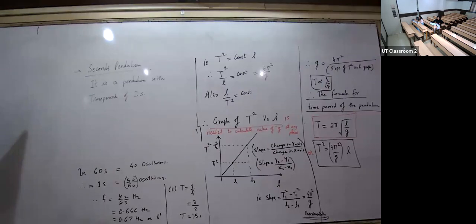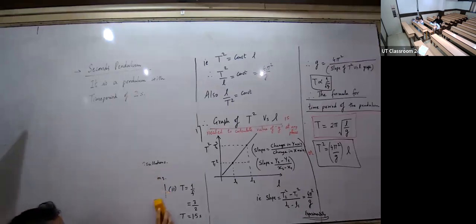How is the time period of the pendulum affected, if at all? Give reason. So time period depends on 2 things, length and gravity. But nothing is given about length, so length is constant.